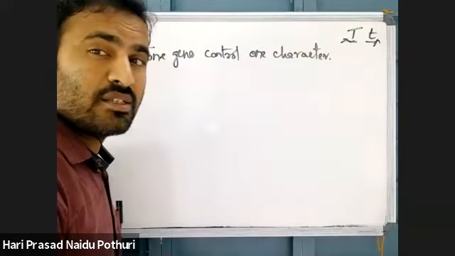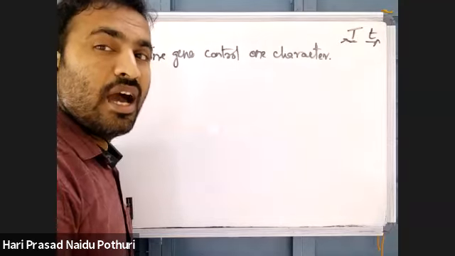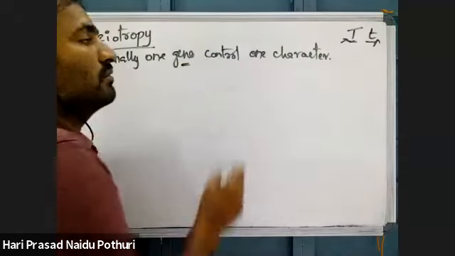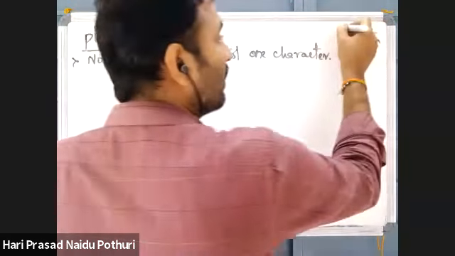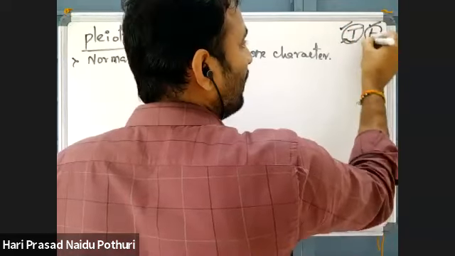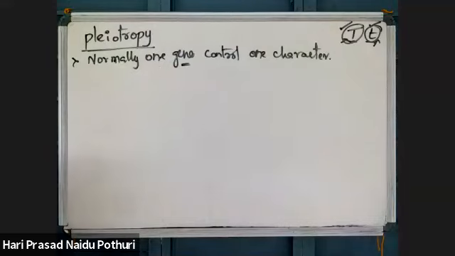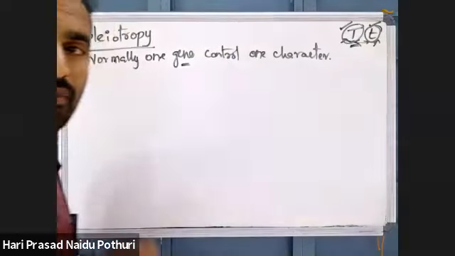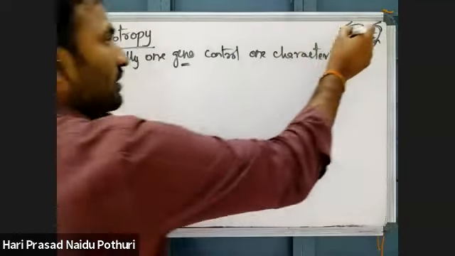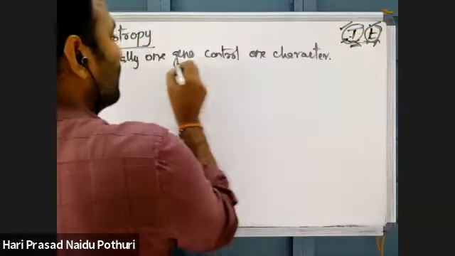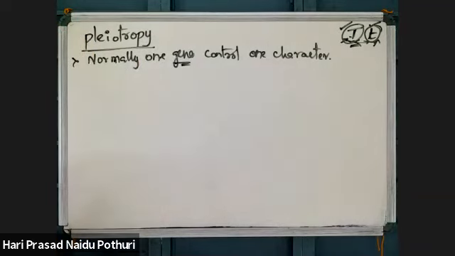But what are alleles? The alternating form of one gene is called an allele. One gene has two alternative forms, one dominant form, one recessive form. Those two alternative forms of one gene are considered alleles. So whether it is tall or dwarf, both correspond to one gene only.